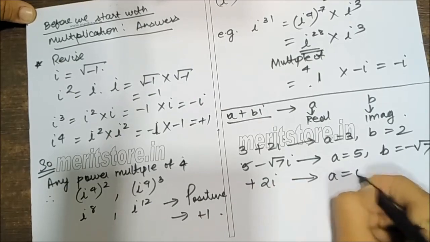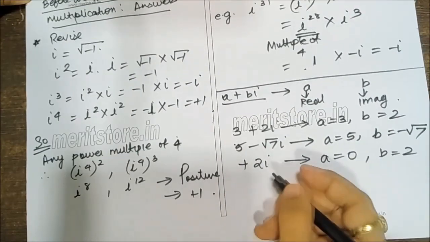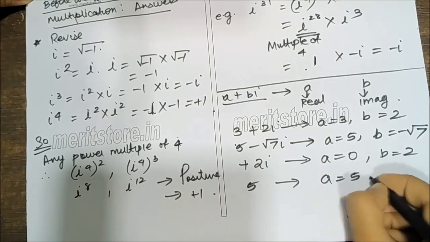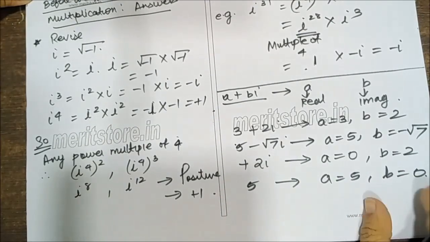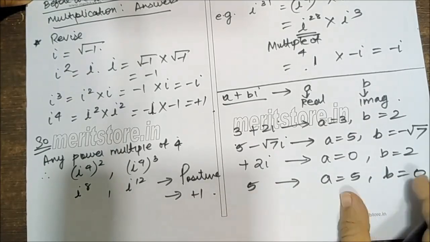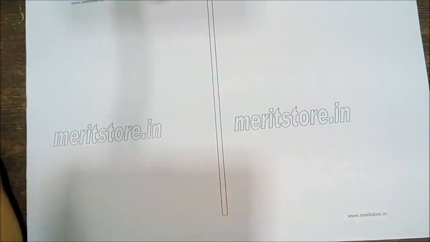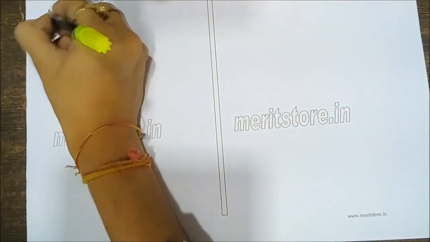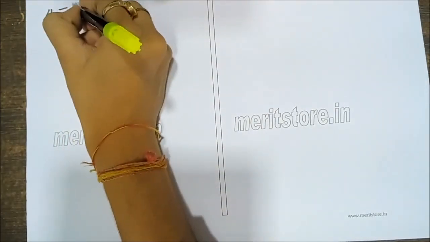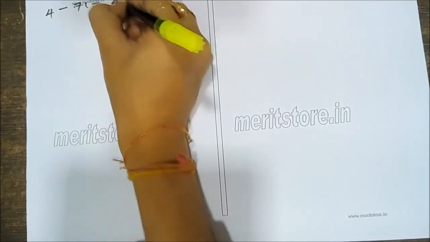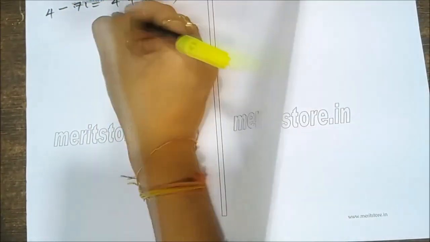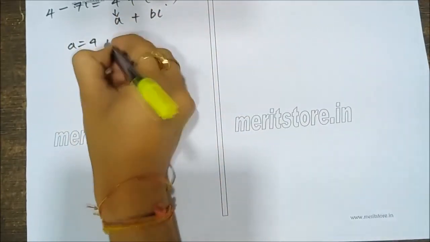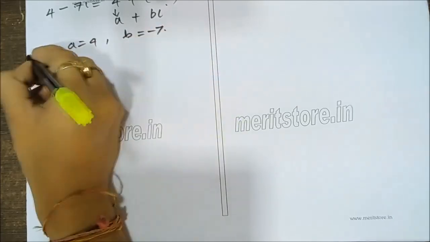So A is 0, B is 2. Let's say I am writing 5. So A is 5, B is 0. Let's say 4 minus 7i. So this is 4 plus minus 7i. If I am writing in the form of A plus Bi, then A is 4 and B is minus 7.